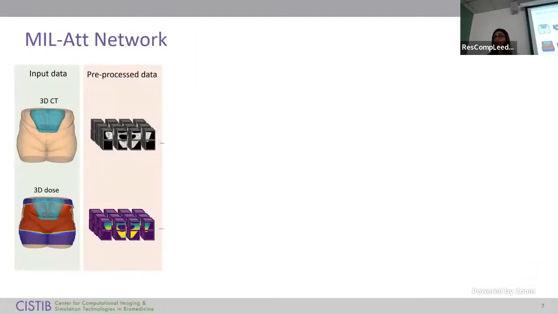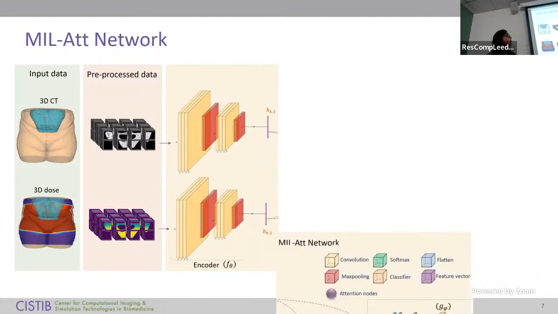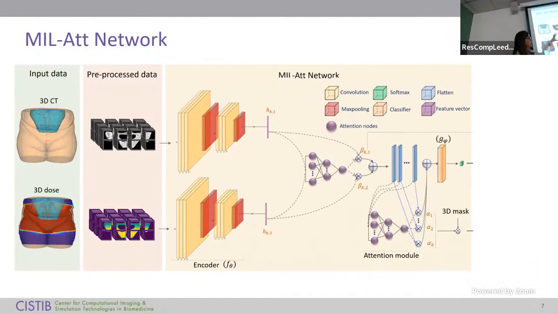So we use this idea and divide into smaller cubes, and then we pass them to two simple convolutional encoders, which extract the most important features from each cube, and then pass these features through two attention modules. These attention modules are simple feed-forward neural networks, which compute the weights for us.